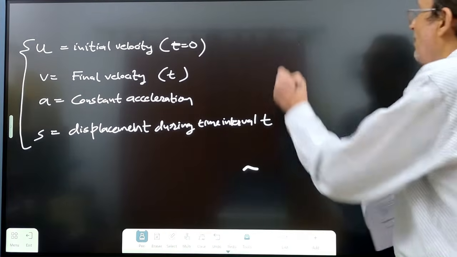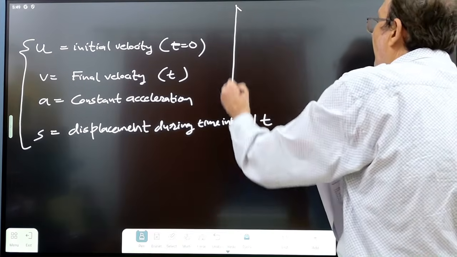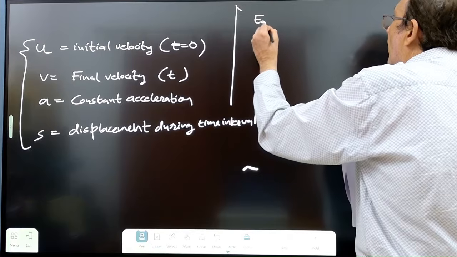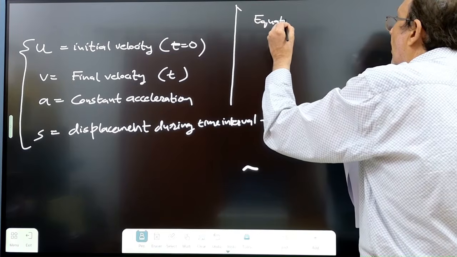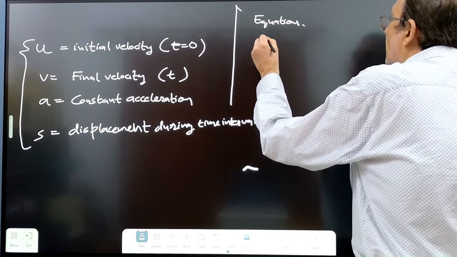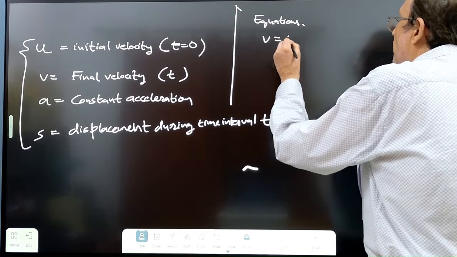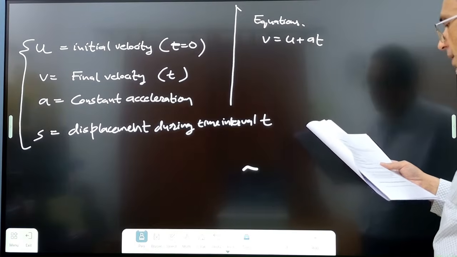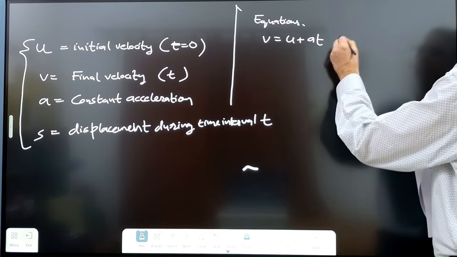So the equations I will write down here. The first one is v is equal to u plus at. This is the velocity time relation.